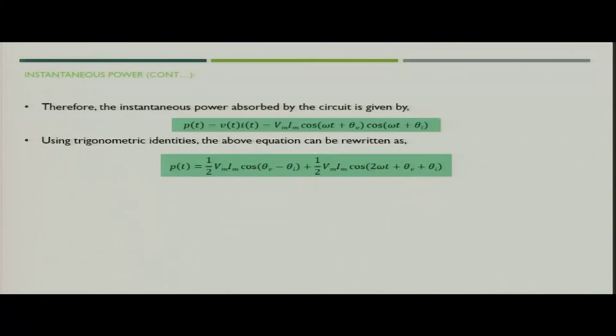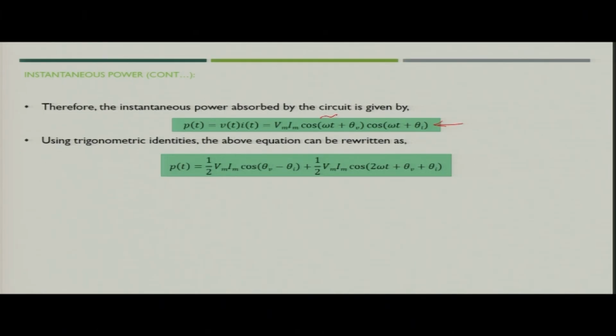Now, if you put these values in the equation, that is P t is nothing but V in time domain and current I in time domain, you will get V m I m cos omega t plus theta V into cos omega t plus theta I. Now, if you do some simple trigonometric operation, you will get this term. How did you get this term?